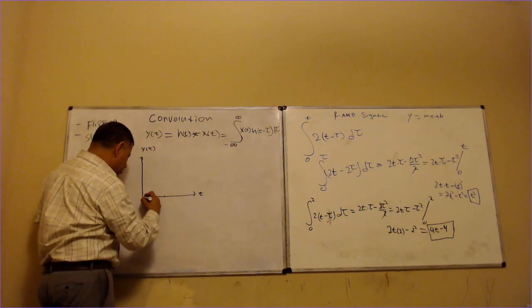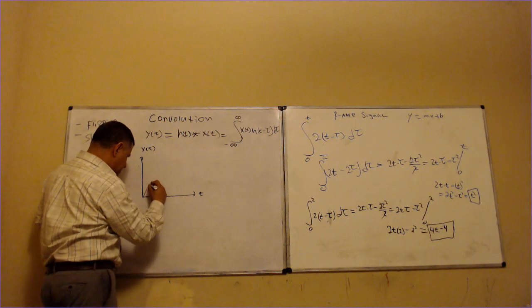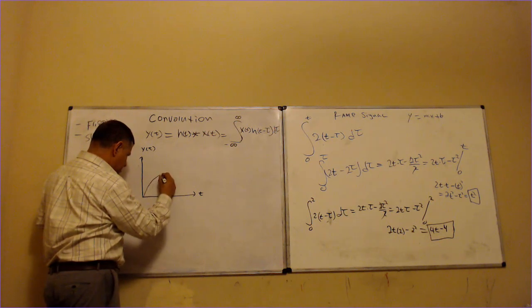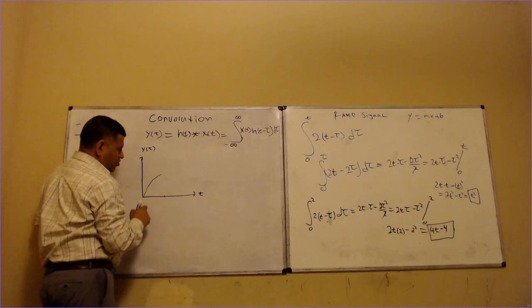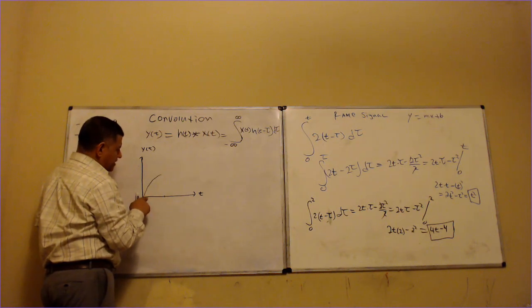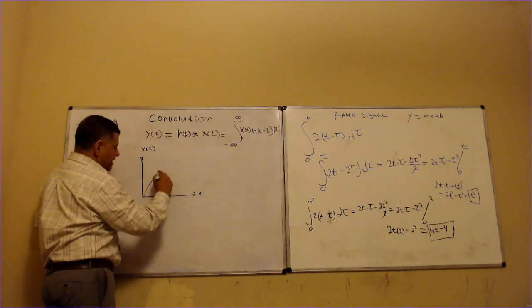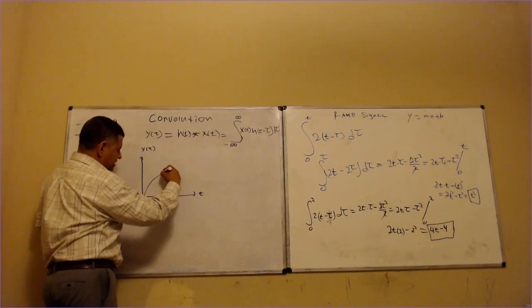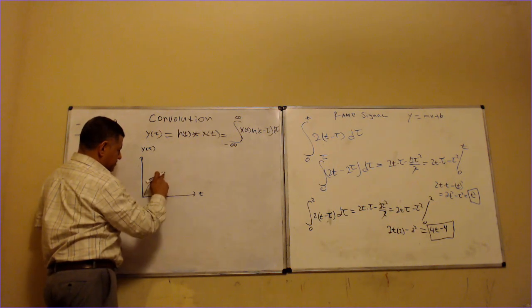So it looked like a parabola, but then it became decaying like this.